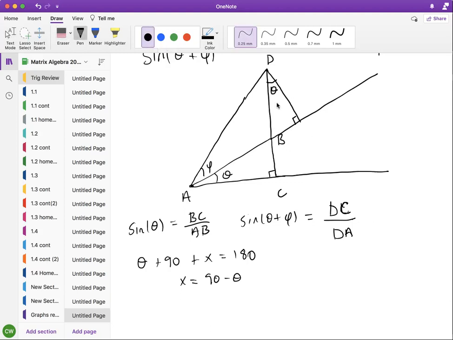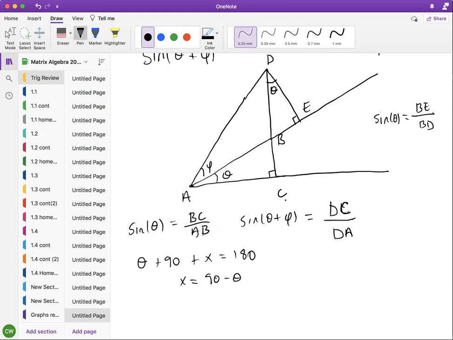So notice that in the first triangle, sine of theta was equal to BC over AB. And in this triangle, sine of theta is equal to, let's call this, what's the next letter, E. We have BE over hypotenuse BD.